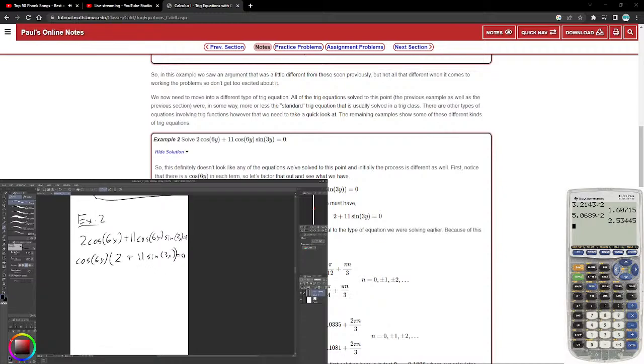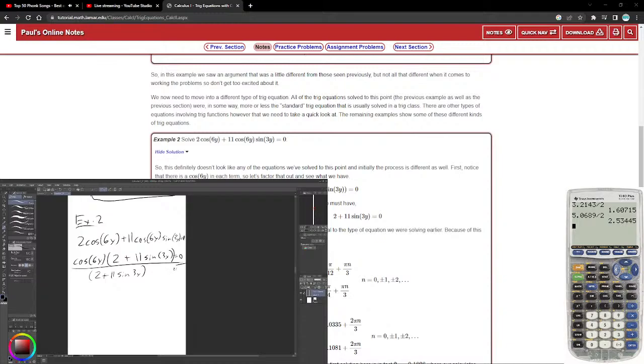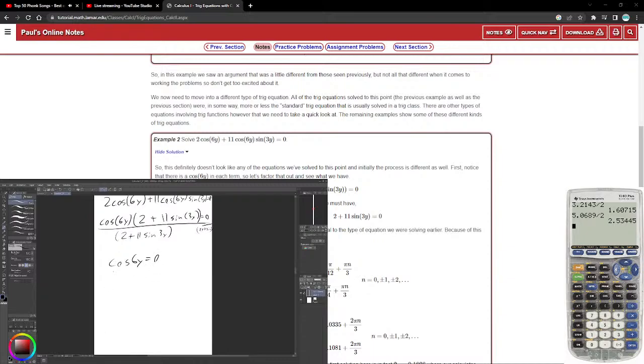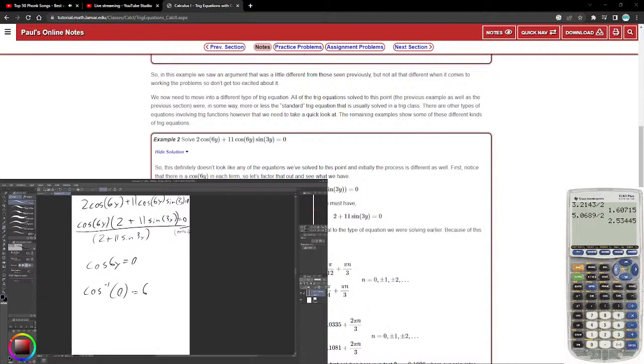So what do I want to do with this? I could literally just take 2 plus 11 sine 3y times cos 6y equals 0, right? Inverse cos of 0 equals 6y.